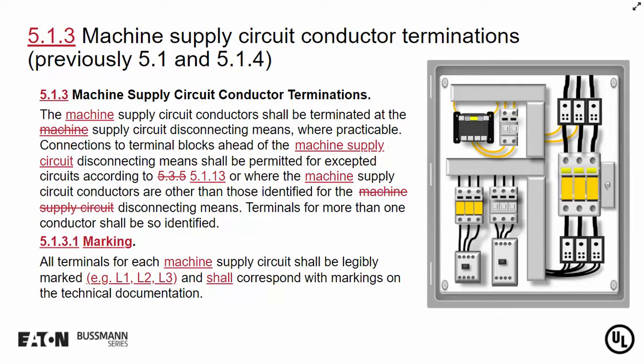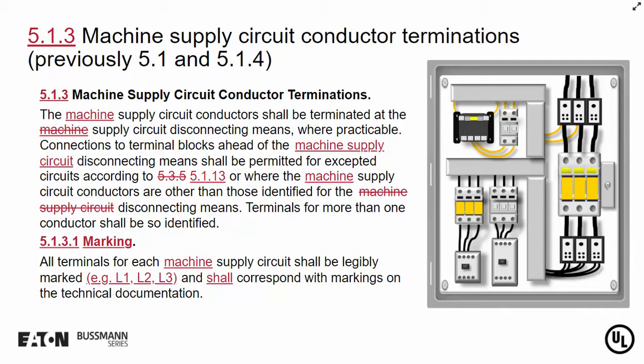And then in the second draft, we deleted machine supply circuit, which quite frankly, I believe we probably should have kept. That was actually an editorial change, we're told. After we make changes, NFPA staff can go back and make editorial changes. In some cases, they added machine, for instance, where we forgot it.